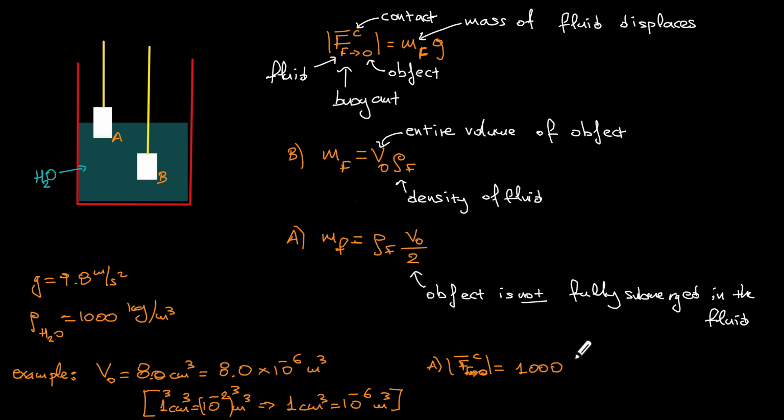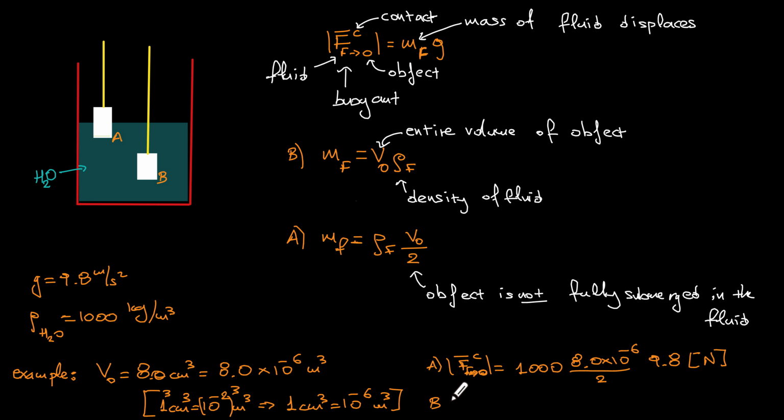It is half of the volume of the object. Now this will give me the mass of the fluid displaced, and then don't forget to multiply this with 9.8. Okay, this will be in newtons. This will give you the buoyant force that the fluid exerts in this case.